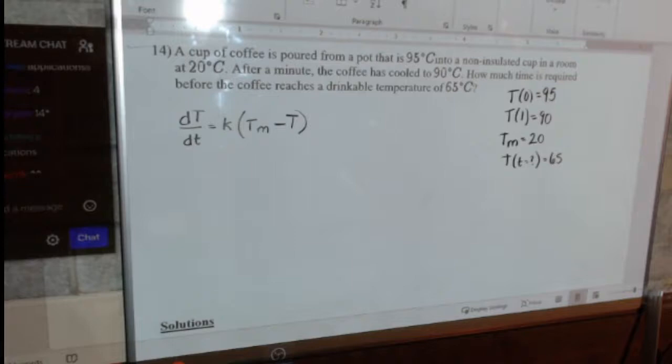Actually, I don't think I have my Diffie Q notes here. Nope, I got the Tm and the T backwards.